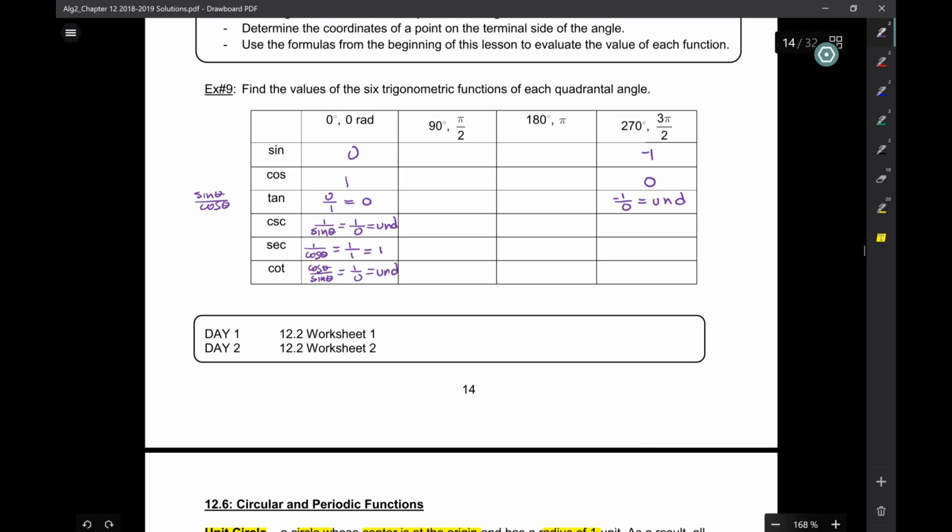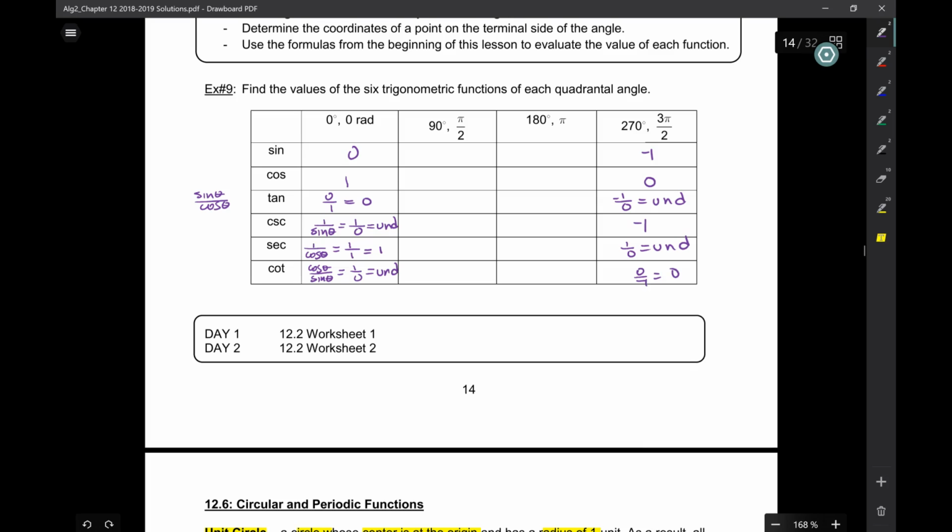Cosecant is 1 over the sine, which is how much? Negative 1. Secant is 1 over this number, undefined. Cotangent, how much? 0 over -1, which is 0.